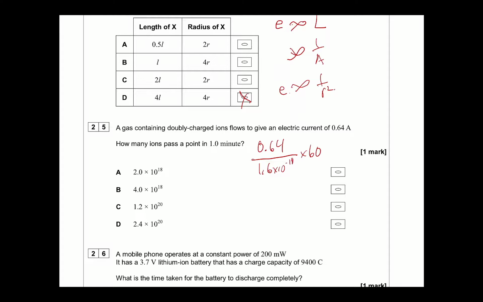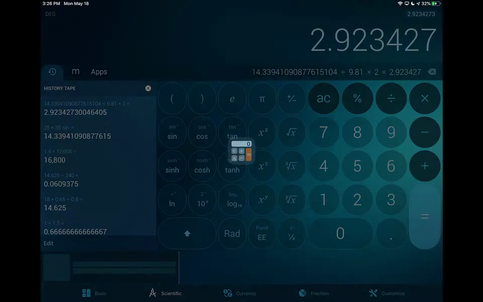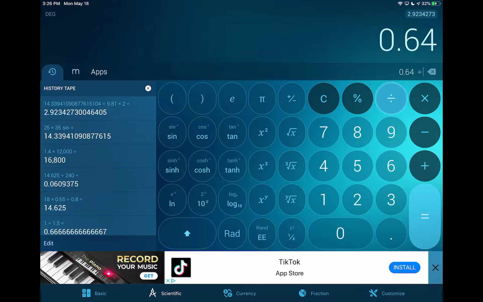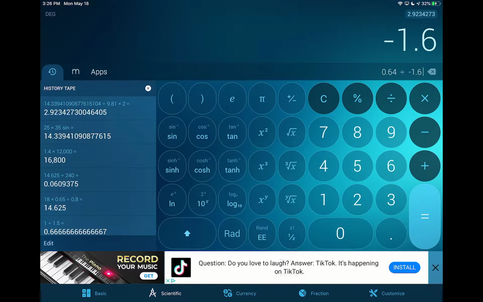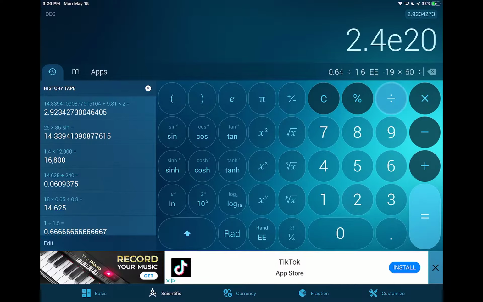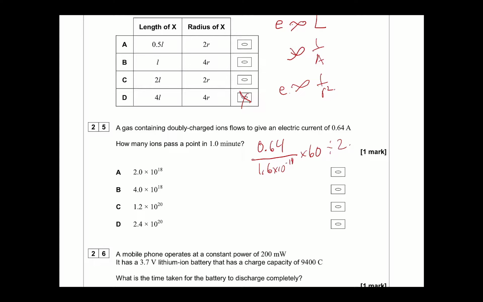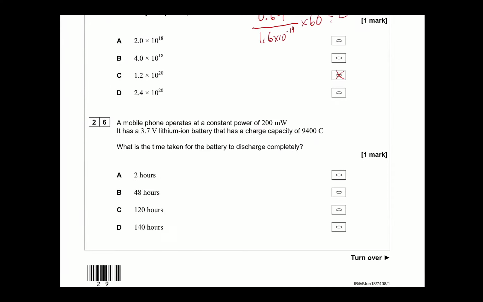But I then have to divide the number by 2 because the ions are doubly charged. So 1.2 times 10 to the 20.